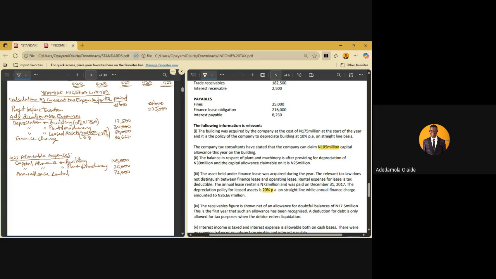So what does that mean? It means the allowance for doubtful debt will not be allowable for tax purposes. So what do we do to that? We'll add it back.